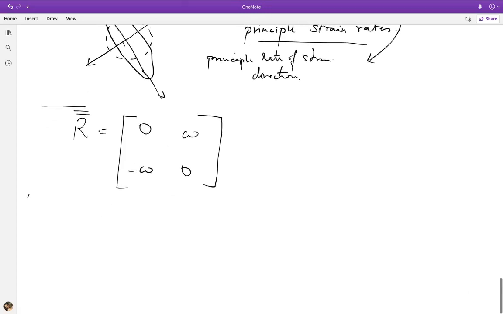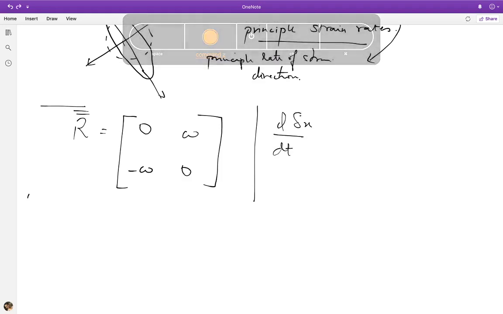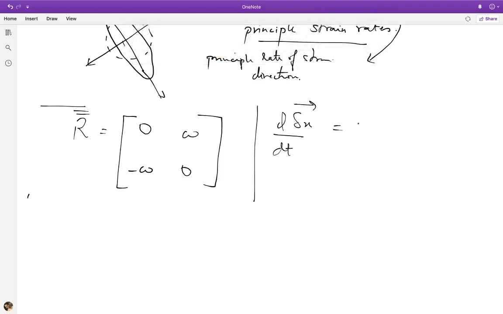So now that we have the velocity gradient tensor, the rotational part, we'll ask again what this means for the motion of a small line element. So we know if we replace the velocity gradient tensor by simply its rotational part here, we have the following equation.